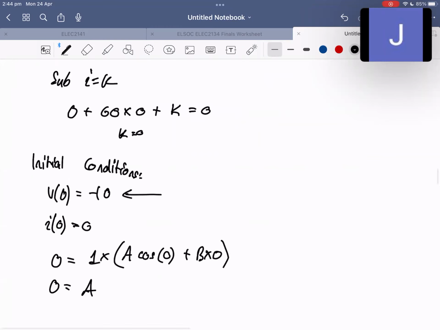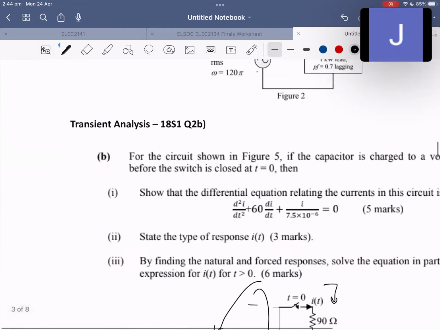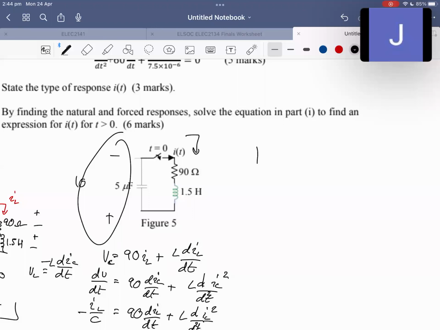So we're going to use this other initial condition that we have, which is that the voltage across the capacitor before the switch is closed is negative 10. If we pay attention to what the circuit looks like as the switch is closed, you connect this capacitor where the voltage here is 10 volts, and since the inductor looks like a short circuit, and there's no current flowing in the resistor since i of 0 is 0, the voltage across the inductor is also negative 10.